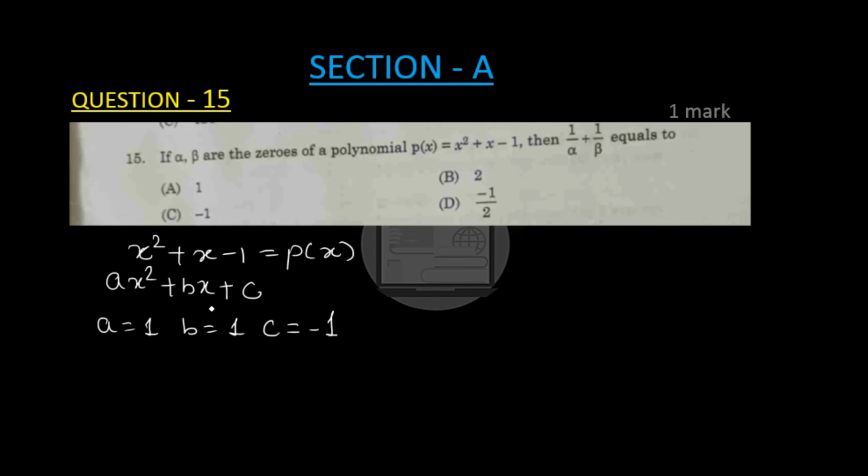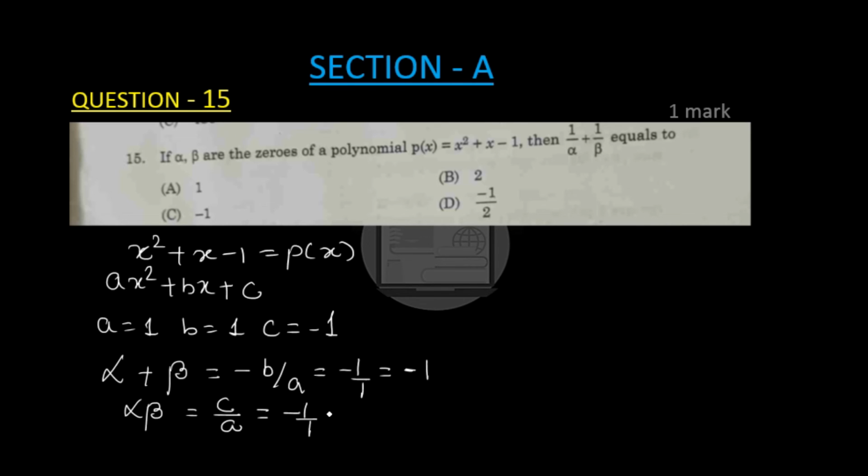If alpha and beta are the roots or the zeros of this polynomial, then the sum of the roots alpha plus beta is minus b by a, which is minus 1 by 1, which is minus 1. And the product of the roots alpha into beta is c by a, which is again minus 1 by 1, which is minus 1. Correct? Now let us look at the expression whose value I have to find out, 1 by alpha plus 1 by beta.